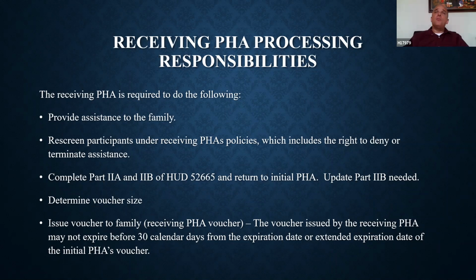Or another possible example might be that the family has a criminal history that wasn't an issue at the initial PHA, but the receiving PHA has a policy to deny participants that have certain criminal history records or criminal histories that have occurred within a certain period of time.